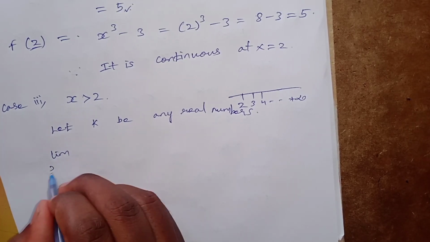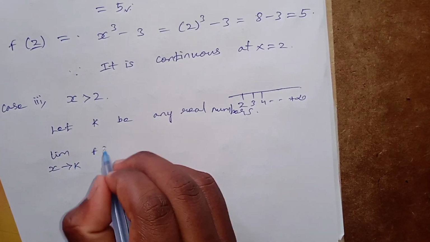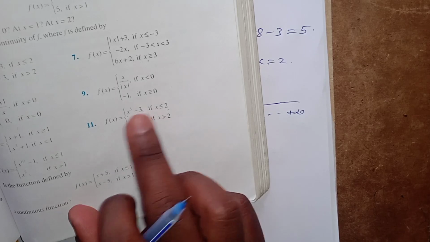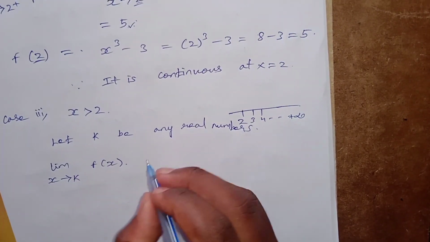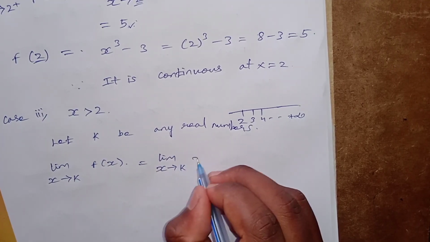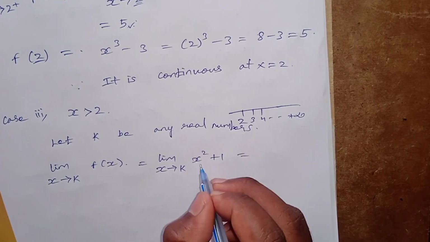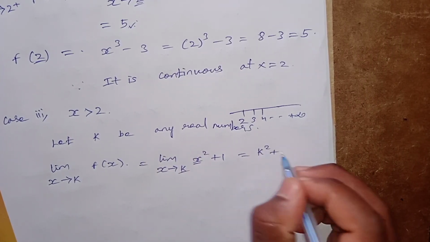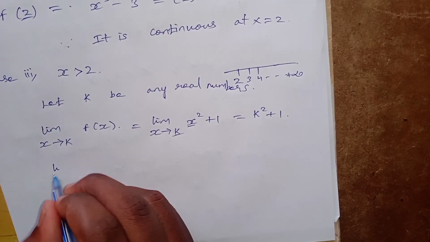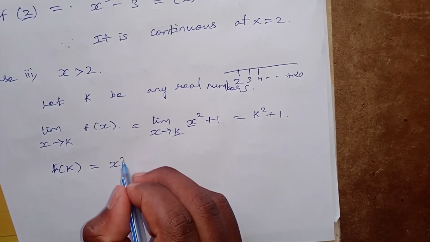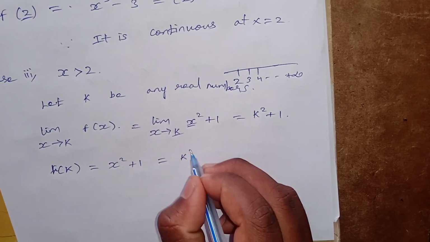Therefore limit x tends to k f of x, here greater than, therefore my function is x squared plus 1. I have to choose this function. Limit x tends to k x squared plus 1. Therefore, in place of x you have to substitute k squared plus 1. Next, f of k. Therefore, here x squared plus 1 is equal to k squared plus 1.